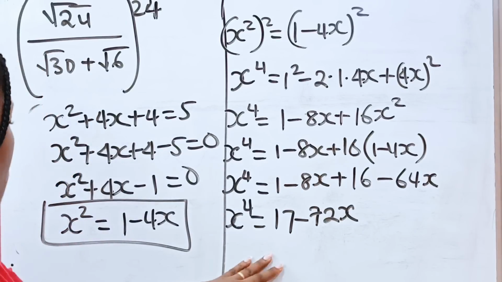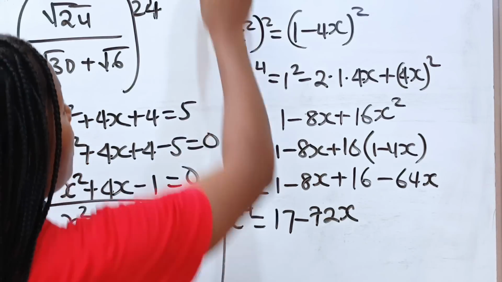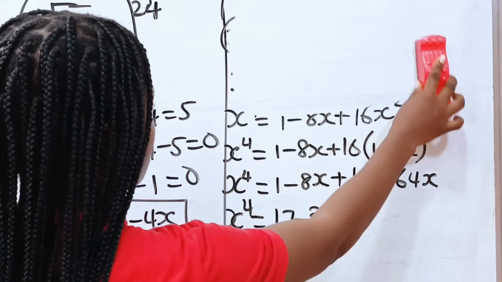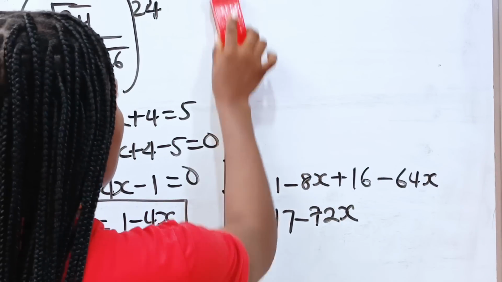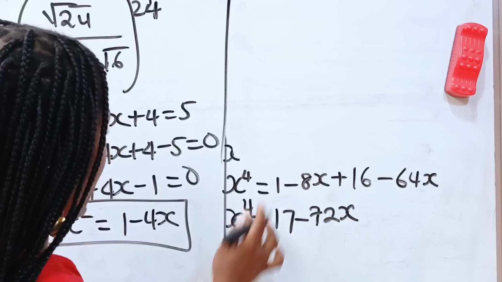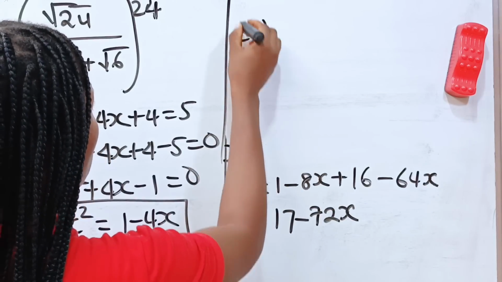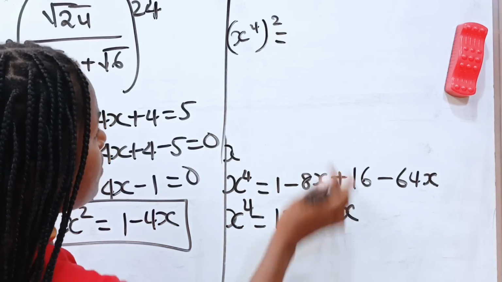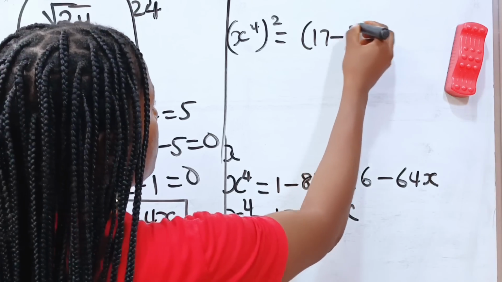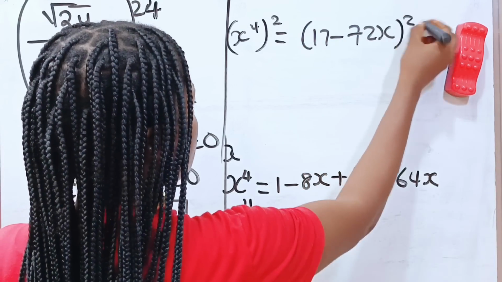Amazing, right? Okay, so let's quickly do that. So I'm going to clean this. Okay, so we have (x^4)². So we are going to square this side as well: (17 − 72x)².